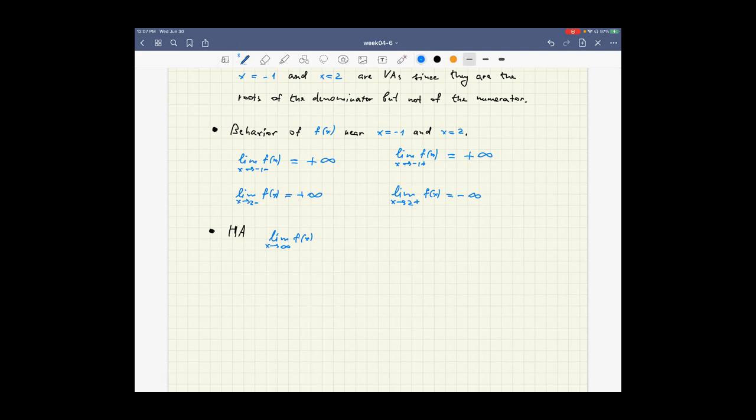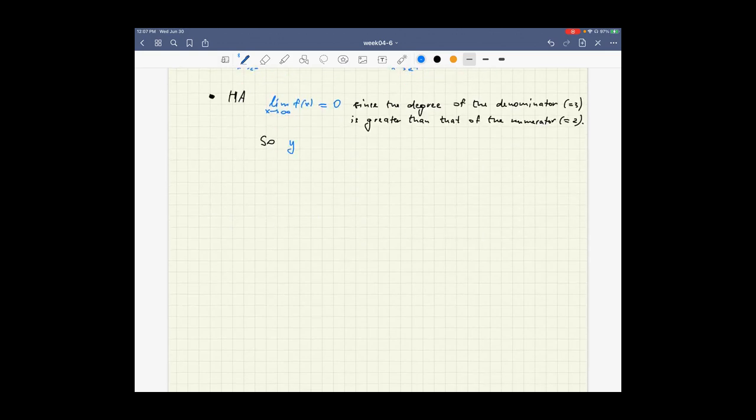So the limit at infinity is 0, since the degree of the denominator, three, is greater than that of the numerator, which is 2. So we know that y equals 0 is a horizontal asymptote.